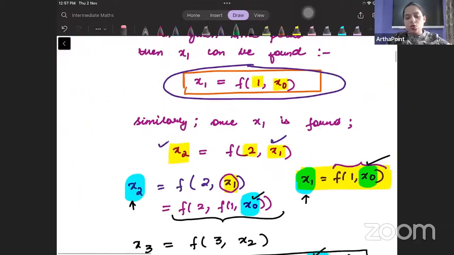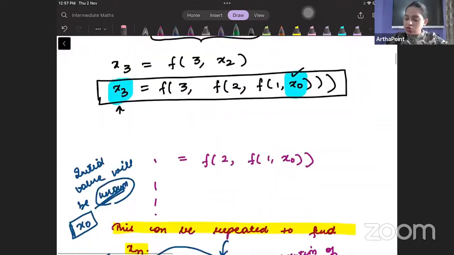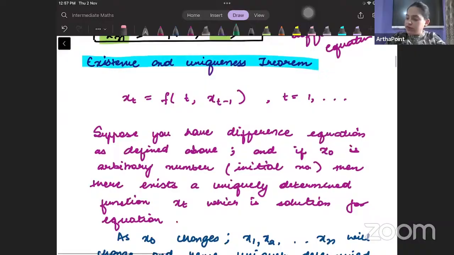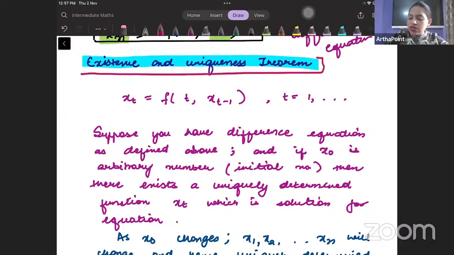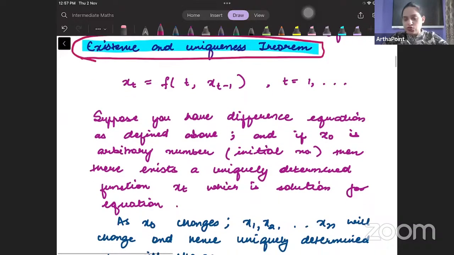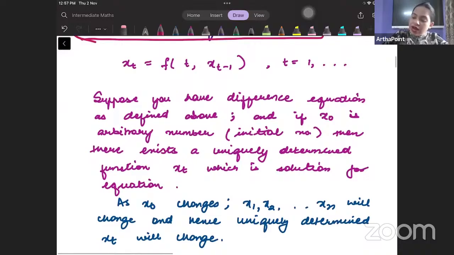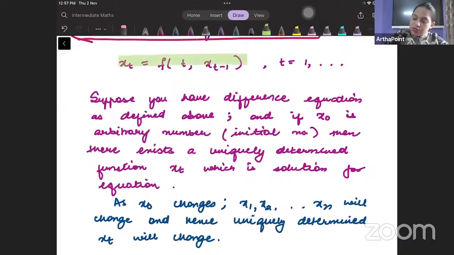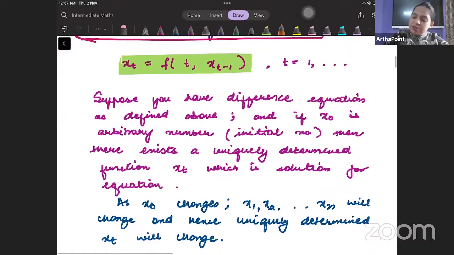Okay, now let's just go back to this once. So try to see this thing, beta. What have I written? I am talking about the existence and uniqueness theorem. What am I saying? I have this equation, which links period t to its previous period t minus 1.